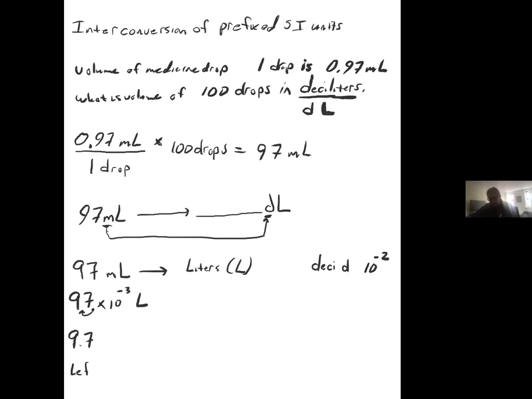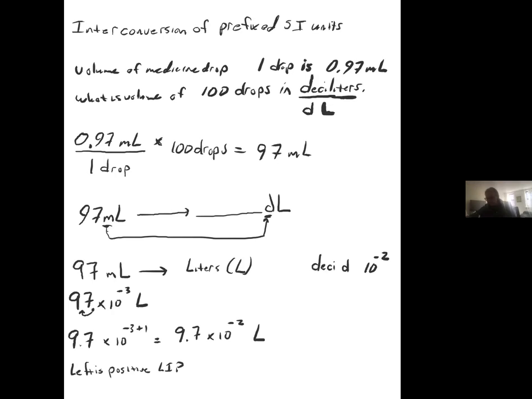Left is positive, so that means you add 1 to the exponent. You add 1, right? Left is positive, so you add 1. So that gives me 9.7 times 10 to the minus 3 plus 1, which is minus 2.